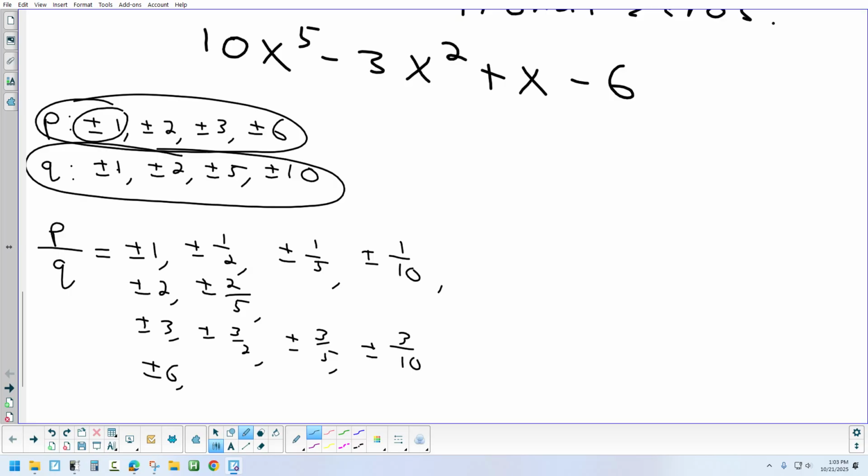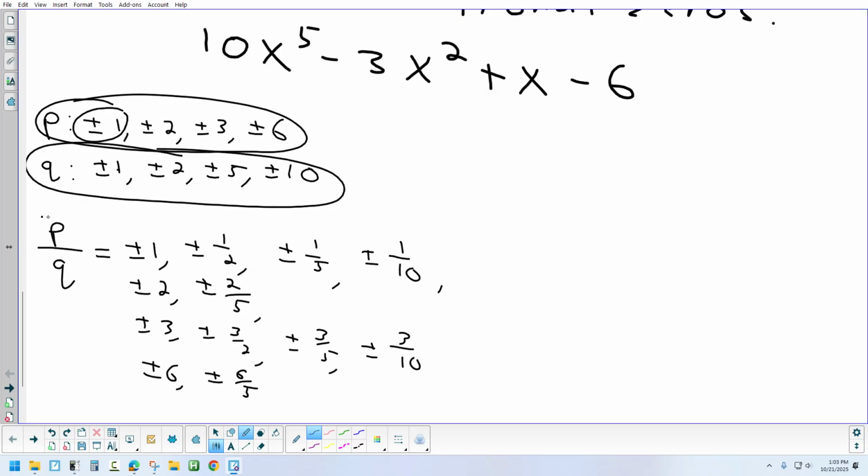So we got 6 over 1, now we want to do 6 over 2, but what's that? 3. We've already got 3, so we can skip that one. The next one after 6 over 2? 6 over 5. We don't have that. And the last one? 6 over 10, but what's that? 3/5, we already got it.